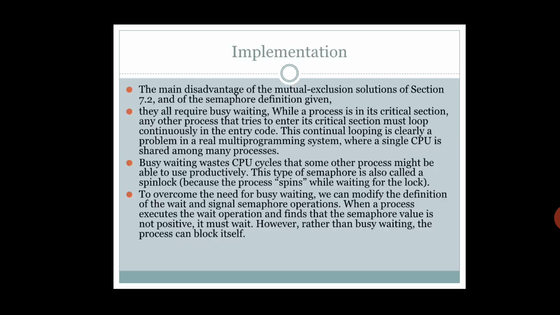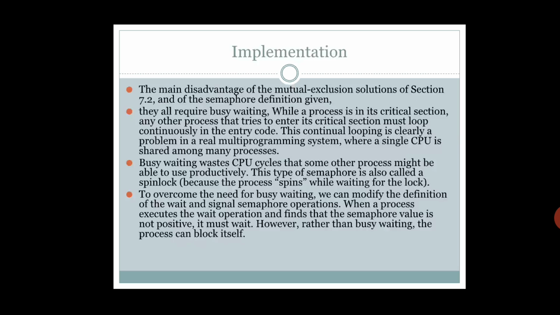Now busy waiting wastes CPU cycles that some other process might be able to use productively. Wasting CPU cycles means it is not efficient, because the CPU should not be idle, and whatever application or process you are running in the system has to be given the CPU. The CPU should always be active. Remember this, the CPU has to be always active.